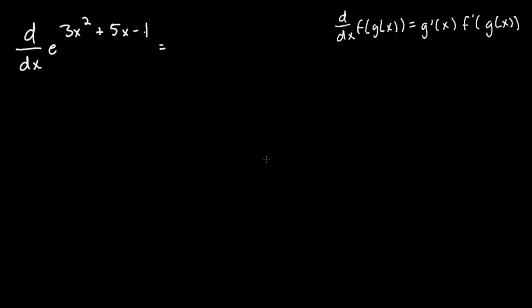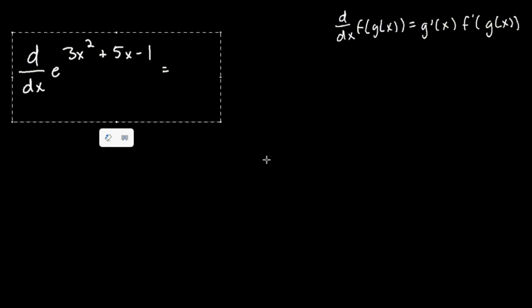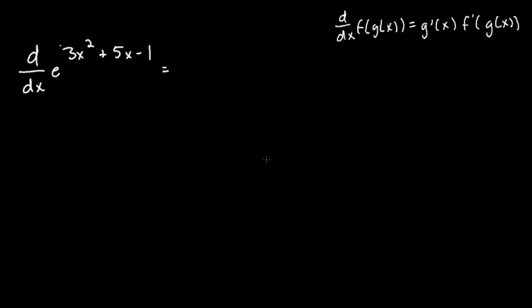So this is one of the cases where you're not going to be able to use a power rule. You're going to have to use chain rule. So we have the function e to the (3x squared plus 5x minus 1). So what are the inner and outer functions in this case? Go ahead and take a guess before I say it.